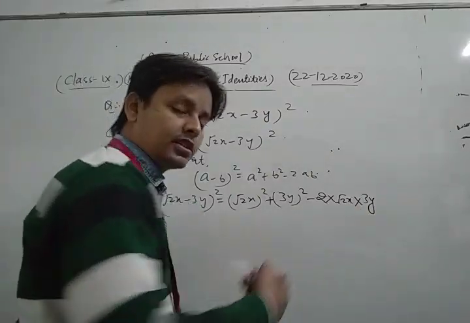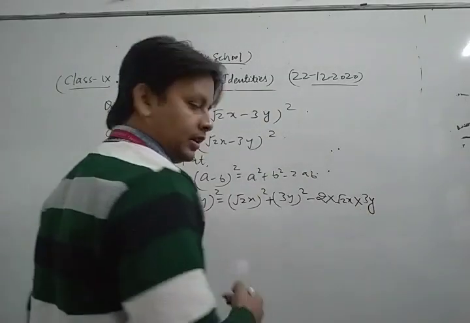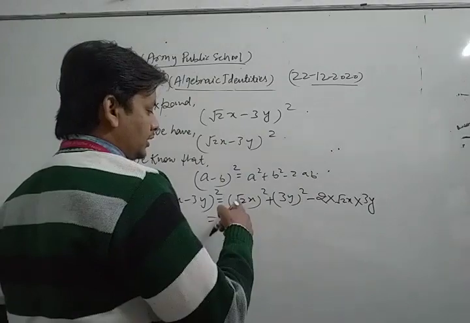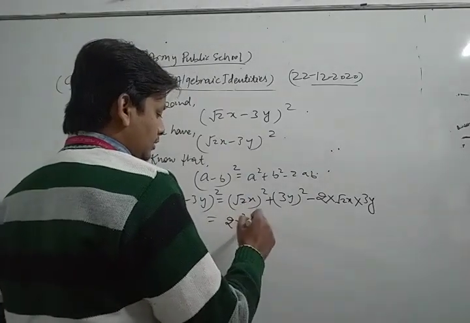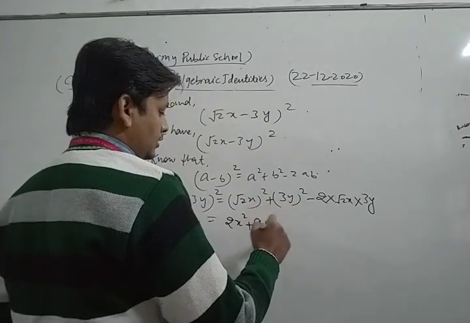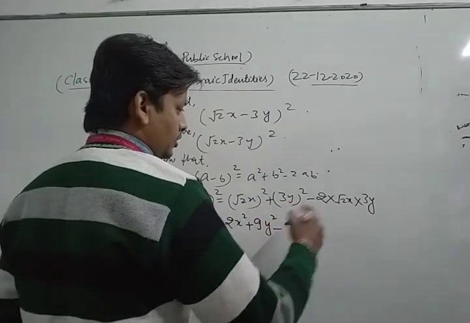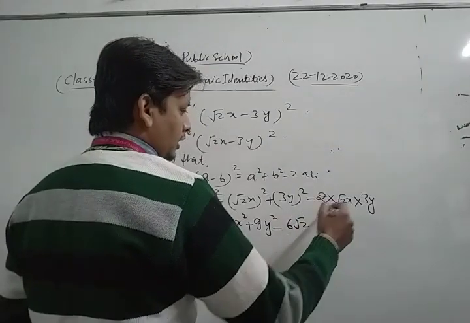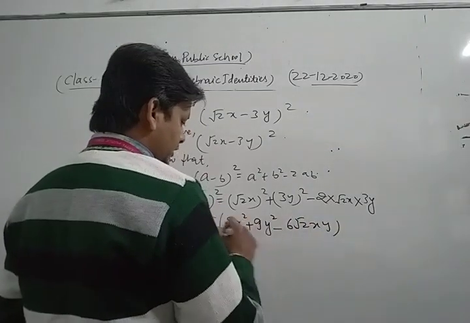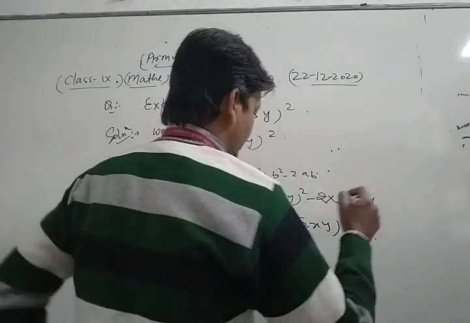Now we simplify them and we get our result. The square of root 2 is 2 only. So 2x square plus 9y square minus 6 under root 2 into x into y. This is our required solution of the given question.